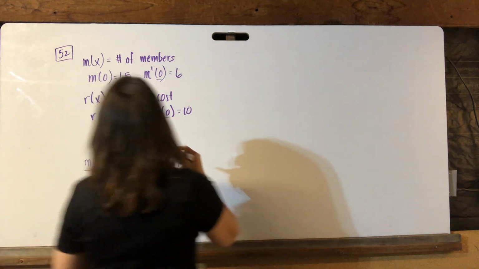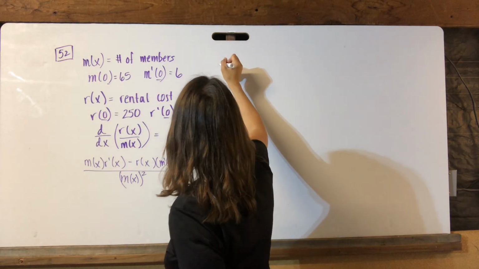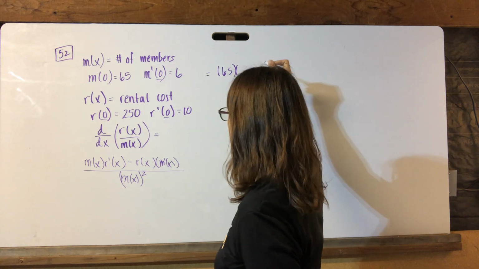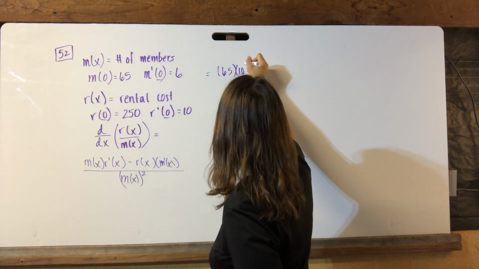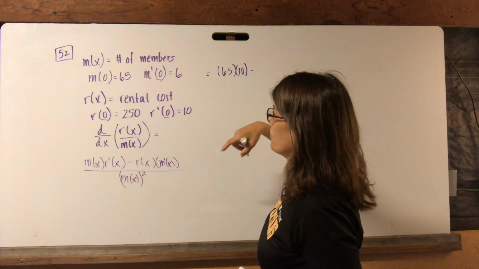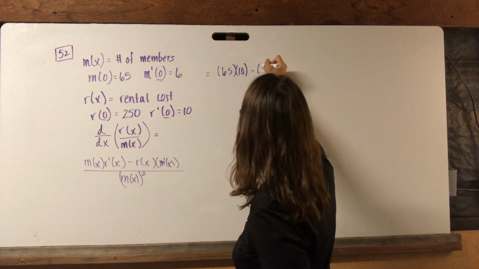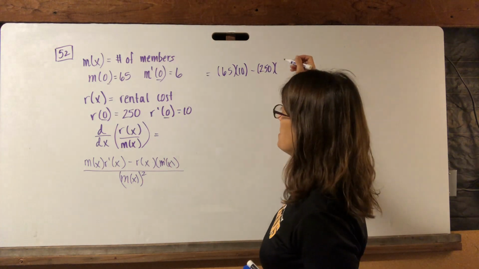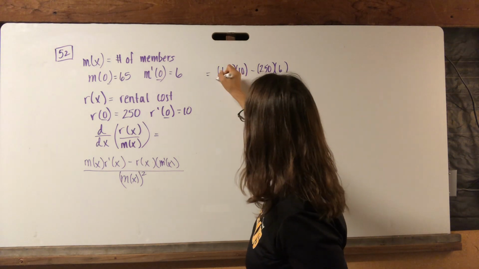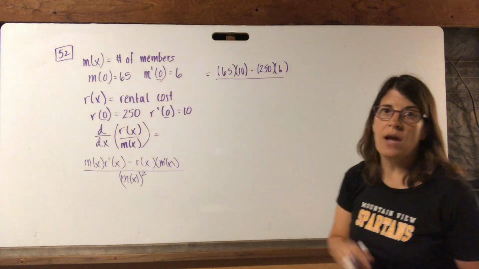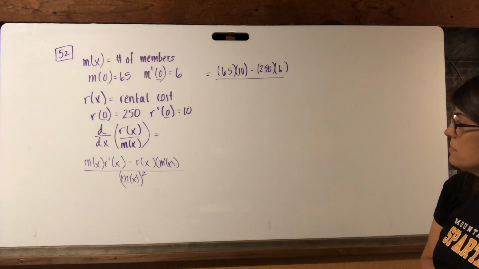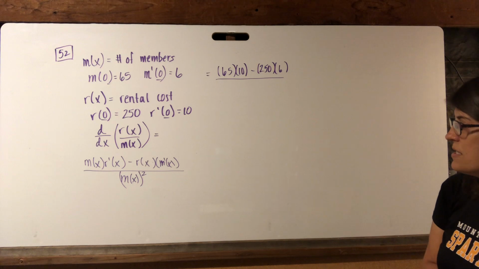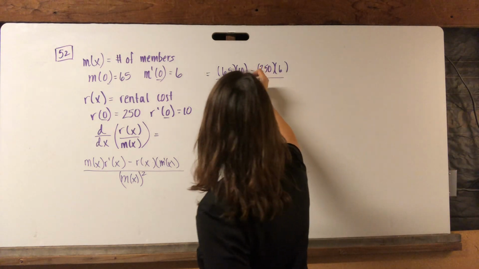Okay, so you do all the plugging in. So the m of x is 65. The derivative of the rental cost is 10 minus the initial rental cost, which is 250, times the derivative of the number of members, which is 6, all over the number of members, which was 65, squared.